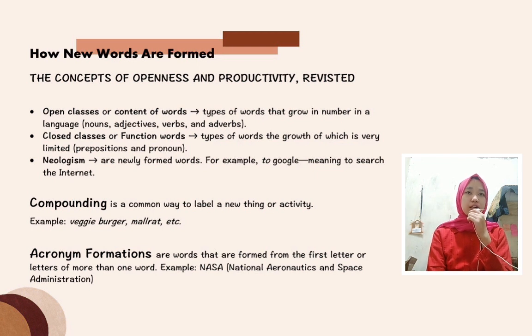Now, I'm talking about neologisms. Neologisms are constantly being added to languages. These are newly formed words. Languages are not something to stay stagnant. However, languages constantly evolve and change with new additions, deletions, and omissions. I have three examples of neologisms.